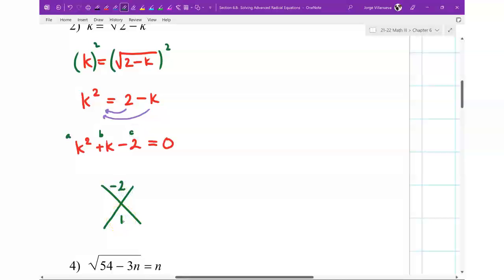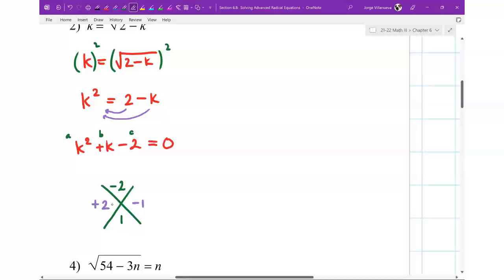That's your b value. And now you think, okay, what two values give me a negative 2 but a positive 1 when I add them? What two values do I use? Multiply to negative 2, add to a positive 1. All right. Negative 1, positive 2.